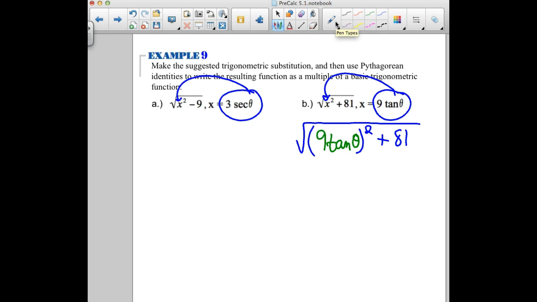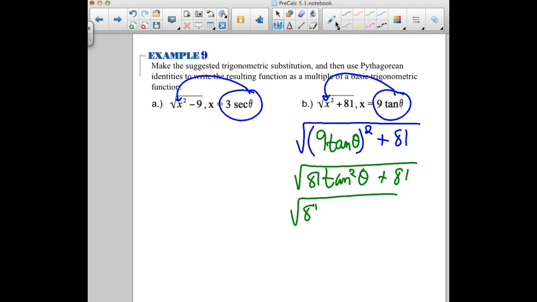Okay, now that needs to be squared, so we're going to end up with 81 tangent squared theta plus the original 81 that was in there. And if we think of factoring, we can take that 81 out of both and say it's times tangent squared theta plus 1. Okay, if we just factor it.